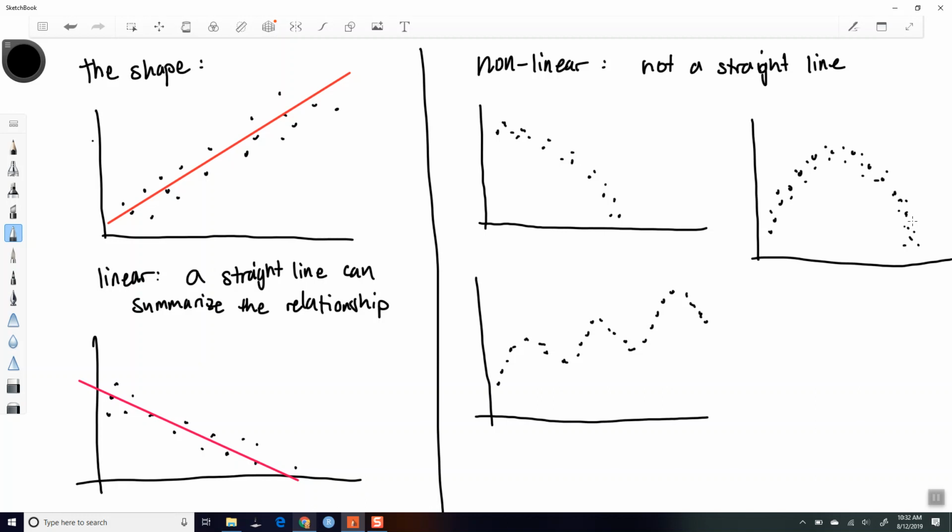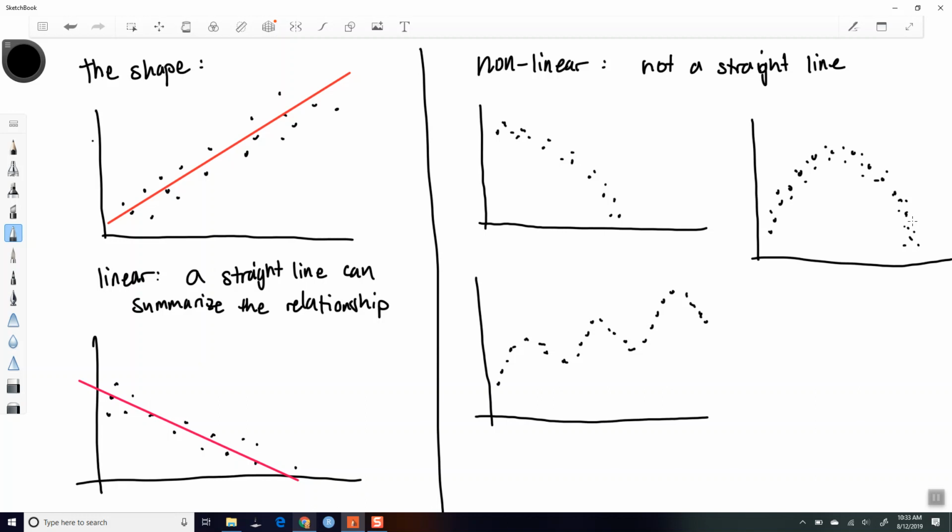Now, the only way you can really tell if something is linear versus nonlinear is by plotting it. Okay, so you have to create a scatter plot, and this is really the only reliable way to decide if something is linear or not. Now, generally your eyes are going to be your best tool to decide if a scatter plot looks linear or not.